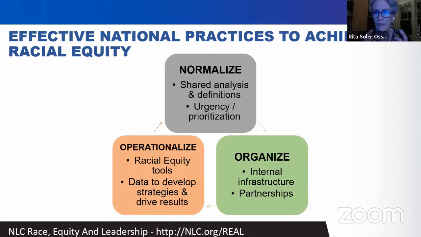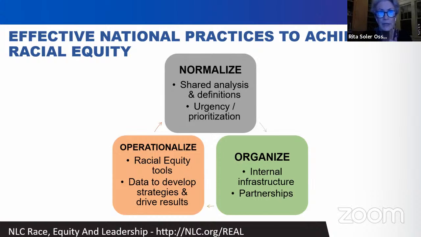It doesn't happen, like we said earlier, with one training, check the box, we're done, and we can move on. It takes practice. It takes iteration. It takes repetition. It takes getting to that acknowledgement and admission to one another so that then you can go to the next level. And those next levels are the two other planks of this platform, so to speak.